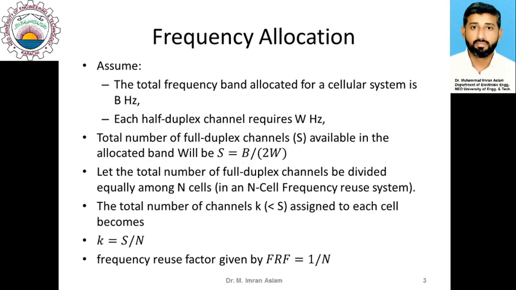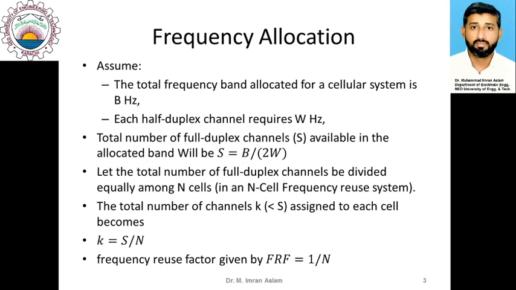So let us assume a very simple scenario. Let us say we have a total frequency band, or our available spectrum for a particular cellular system, of B Hz. Some governmental agency has allocated a specific band of B Hz that we want to use to deploy our system.